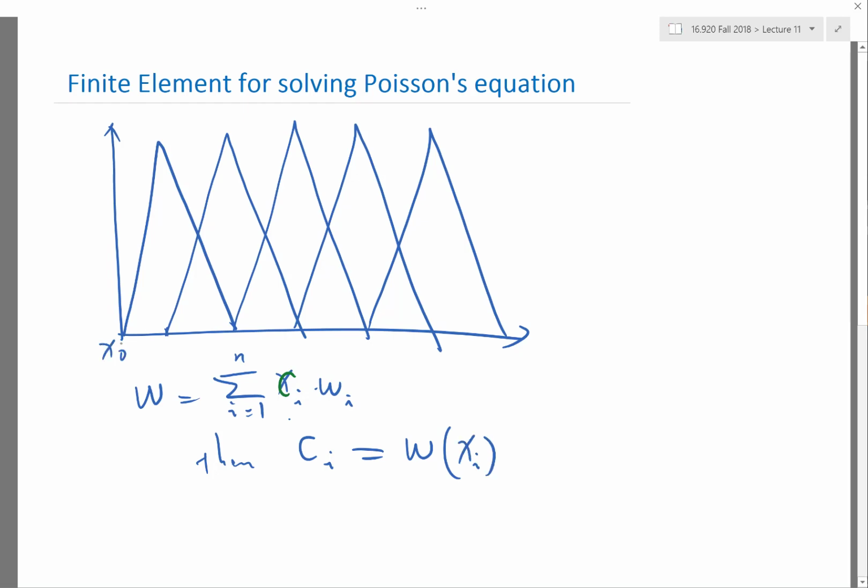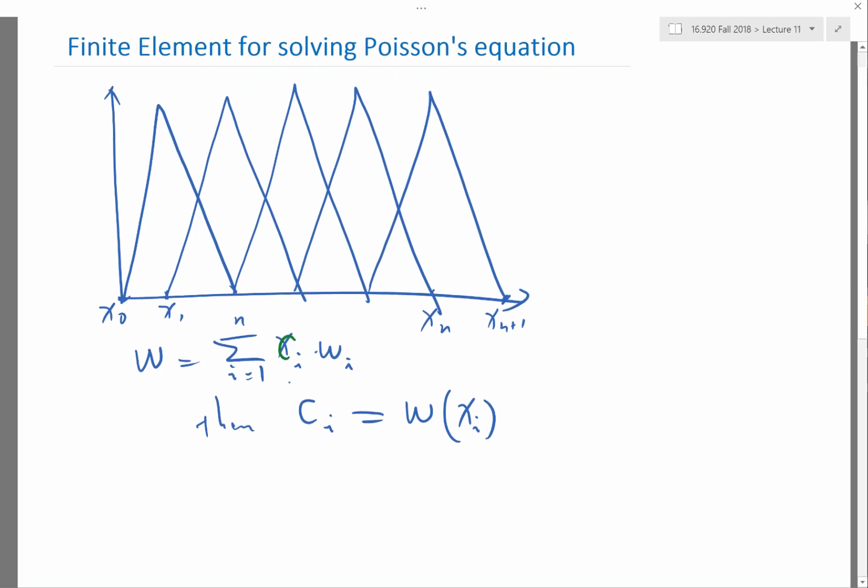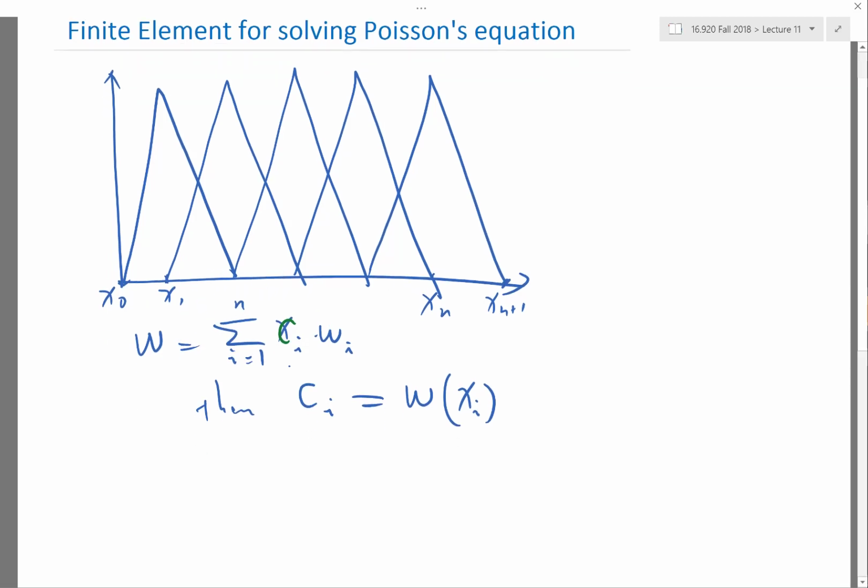So this is x0, x1, etc. This is xn plus 1. Let's say we have n degrees of freedom. So this function also would satisfy the zero boundary condition, which is required by our space, by our boundary condition.